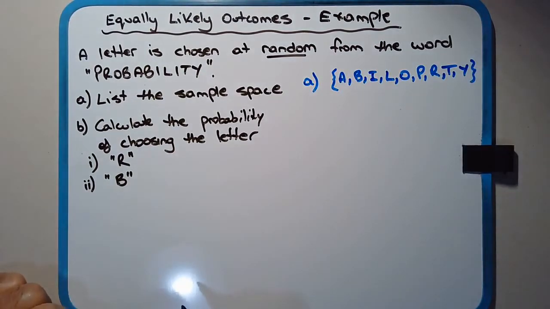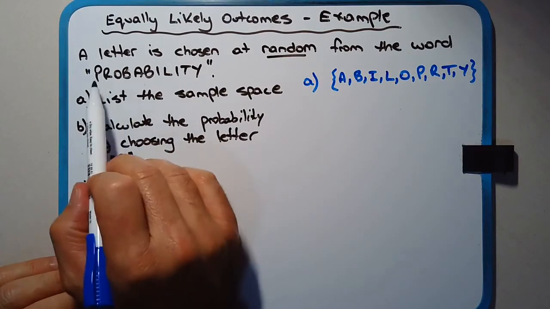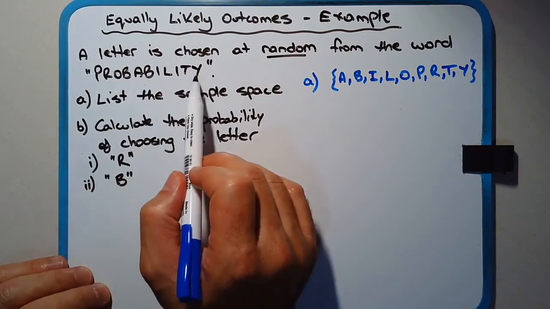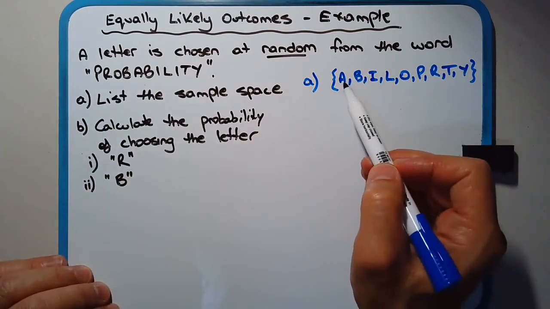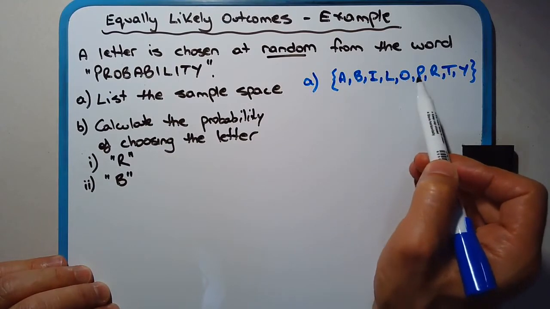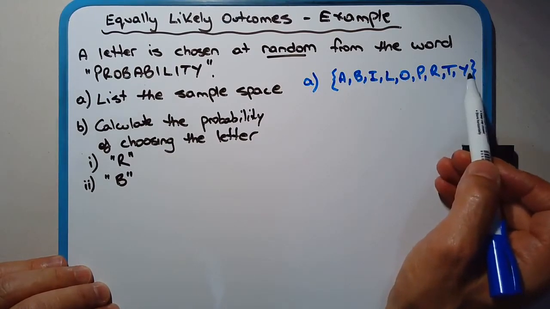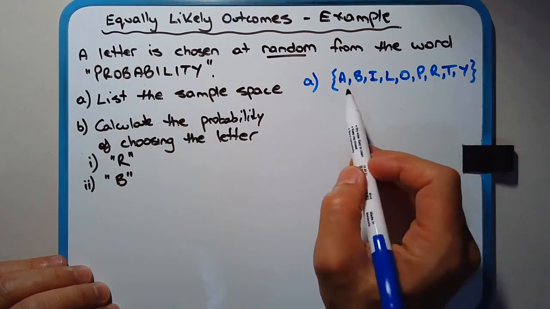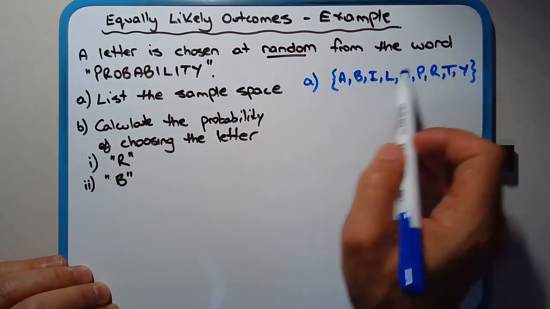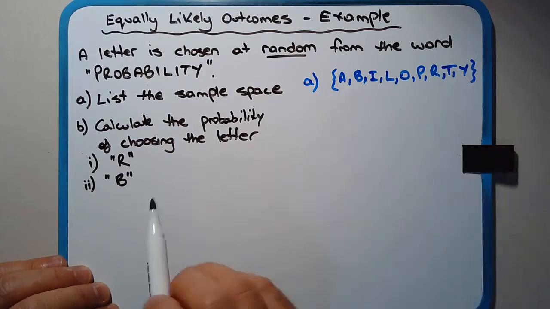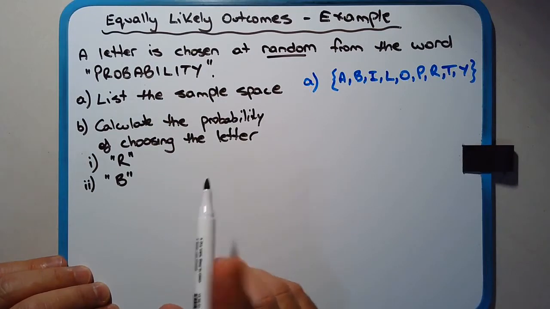Now, what's important to note is that there are 11 letters in the word probability, but in the sample space, I've got 1, 2, 3, 4, 5, 6, 7, 8, 9. We've got to be very careful here that when choosing a letter from the sample space, the probabilities of choosing one of these letters may not be the same.